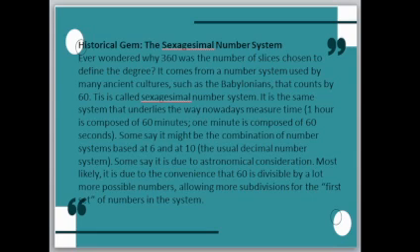Okay, we will go to the historical gem. The sexagesimal number system. Ever wondered why 360 is the number of slices chosen to define a degree? Right? The whole circle is 360 degrees. It comes from a number system used by many ancient cultures, such as the Babylonians, that counts by 60.